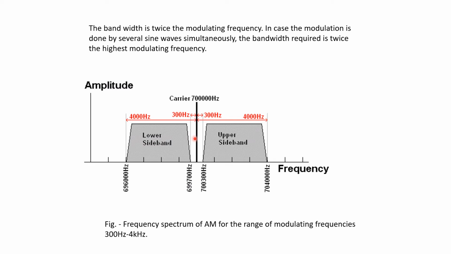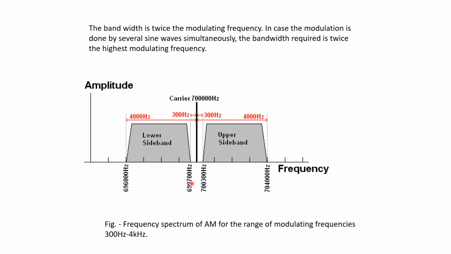And in the lower case, the lower sideband, if it were a single frequency, is Fc minus Fm. But in the present case, instead of a single modulating frequency, we have a range of frequencies, that is 300 to 4000 hertz.